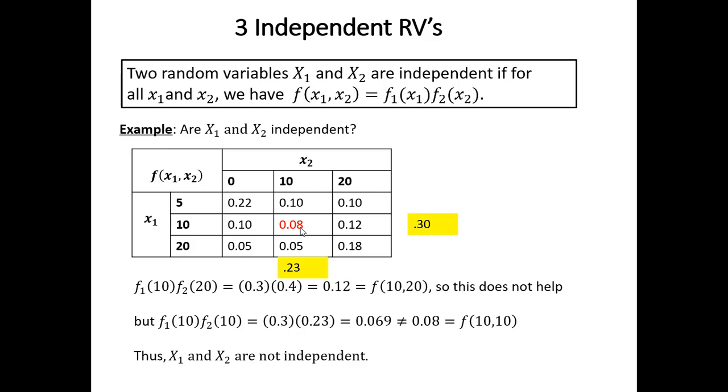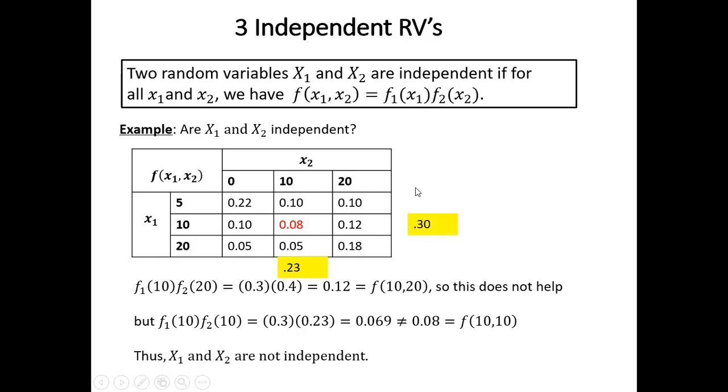It's a bit of a tough way to prove 2 variables are independent because you have to check all pairs. But if you're trying to disprove independence, you just need to find one pair for which this fails.